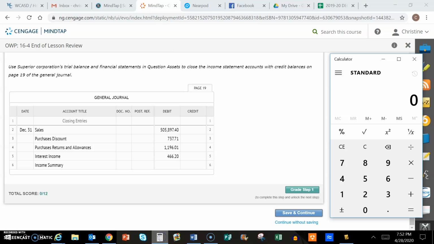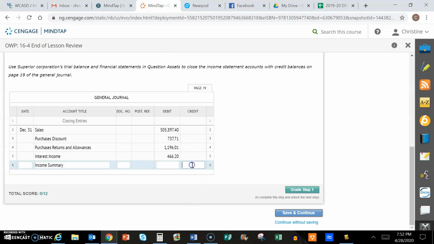All right, so let me just do the math here. 505,897 plus 737.71 plus 1196.01 plus 466.20 equals 508,297.32. That's going to be my credit balance.